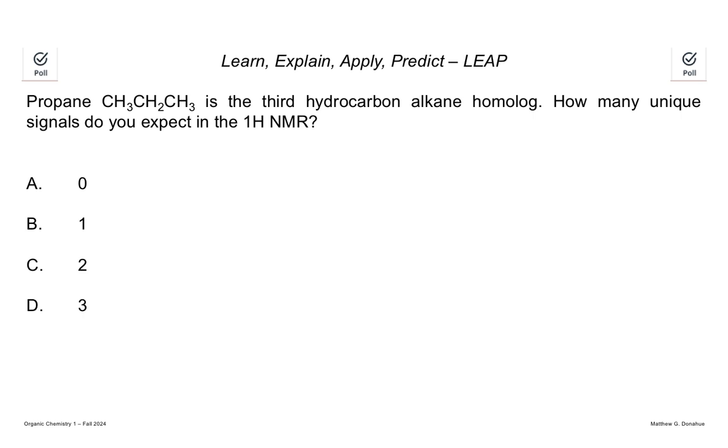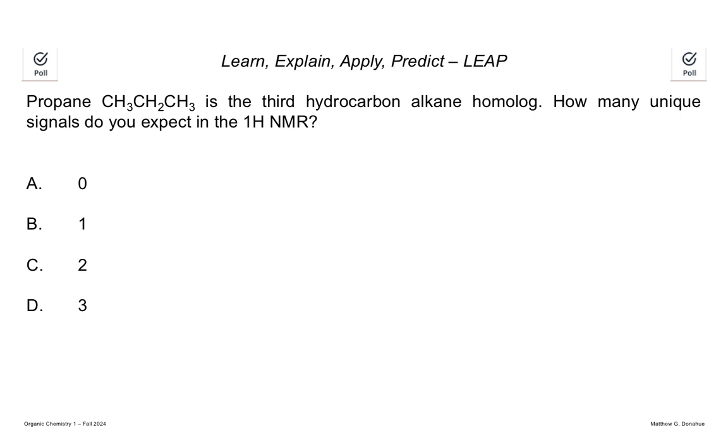On Friday, we'll get to the theoretical reason why multiplicity happens, but today we're just applying the N+1 rule. We'll look at propane to start, and then go through some more complex examples.